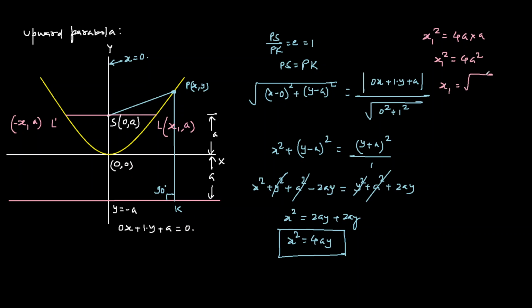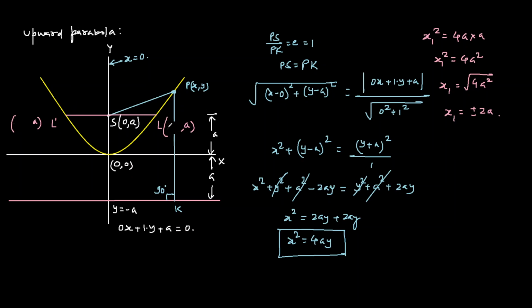So x1 is the square root of 4a square, and square root has 2 values. So x1 has 2 values, which is plus minus 2a. So we can write the coordinates of L and L dash. Here x1 is positive and here x1 is negative.